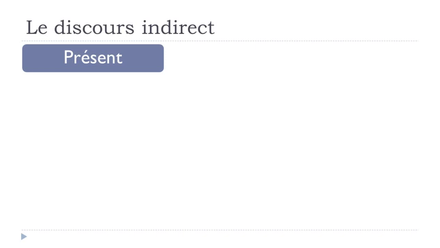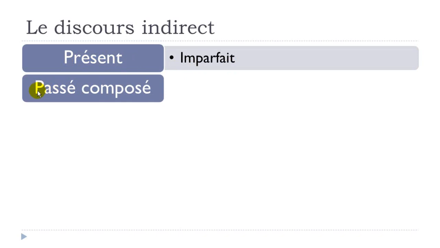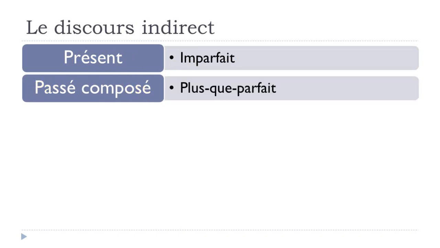So keep in mind that if you've got this structure, first verb at the passé form, and then the second verb at the present form, when you modify this structure and put it into discours indirect, remember, présent, as we saw, will become imparfait, okay? Then if you've got passé composé in the second part of the structure, it will become plus-que-parfait, okay?